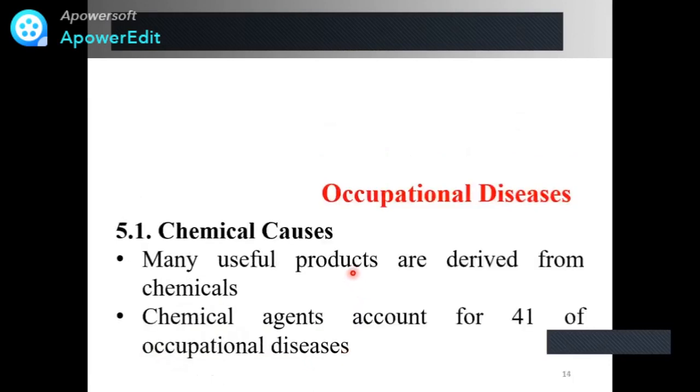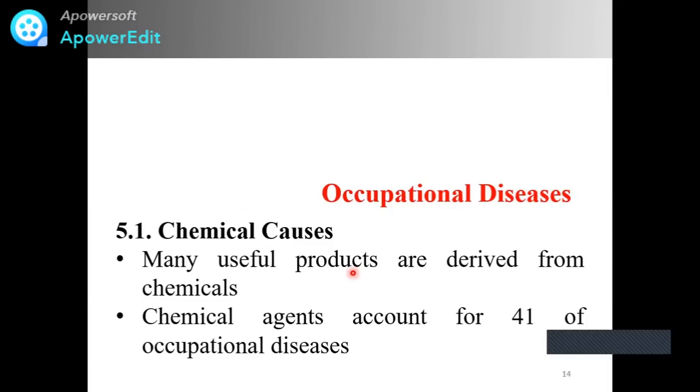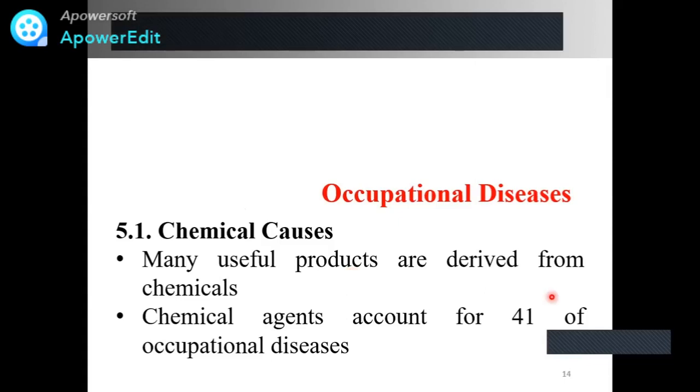Then chemical causes. Chemicals are used extensively both in industry as well as in our daily lives. Many useful products are derived from chemicals, such as plastic, paints, pharmaceutical items, detergent items. Those are useful products.